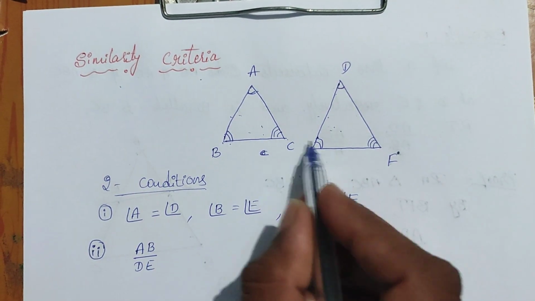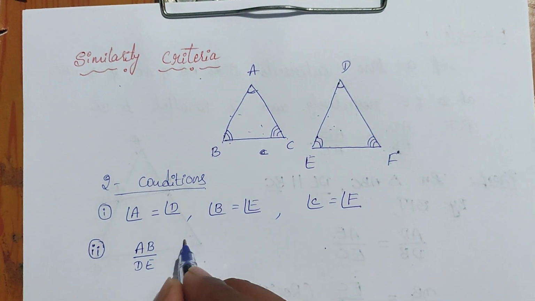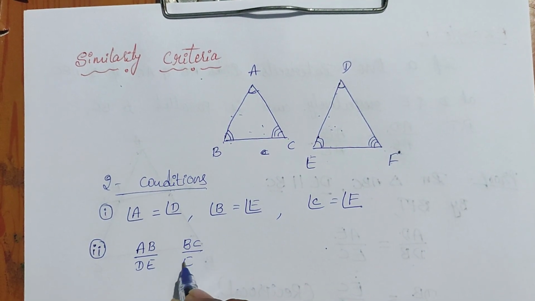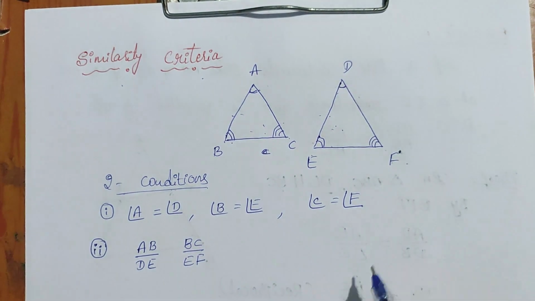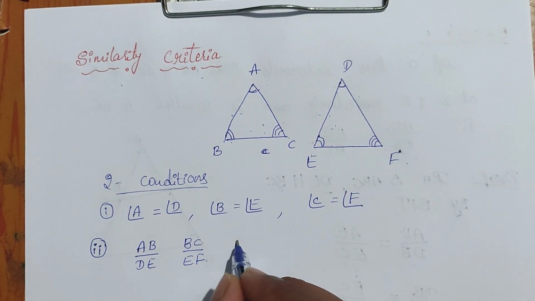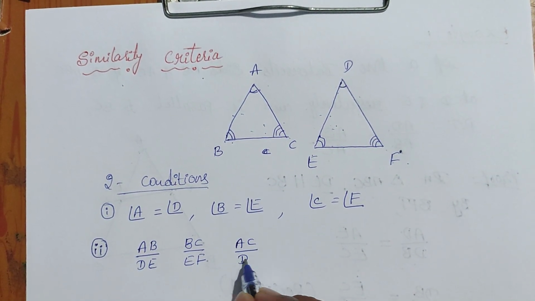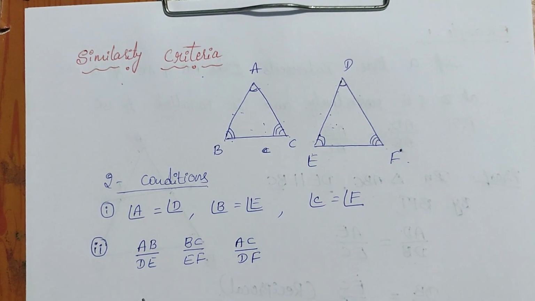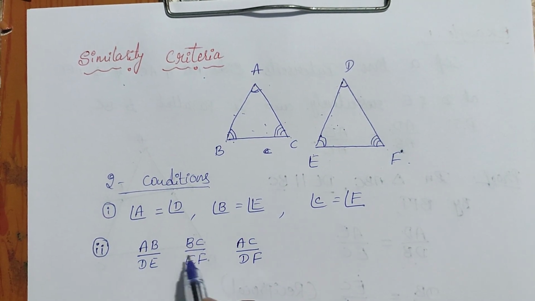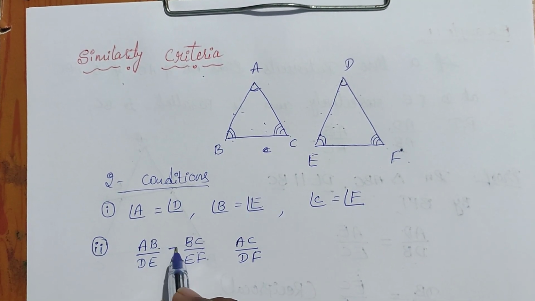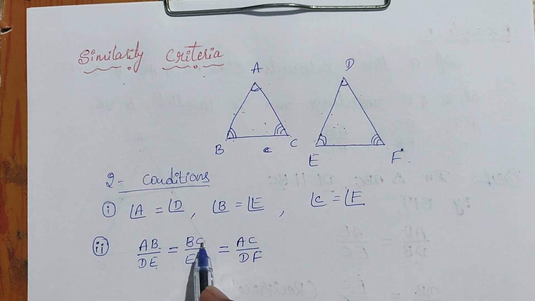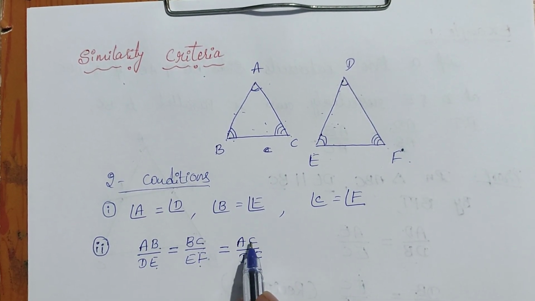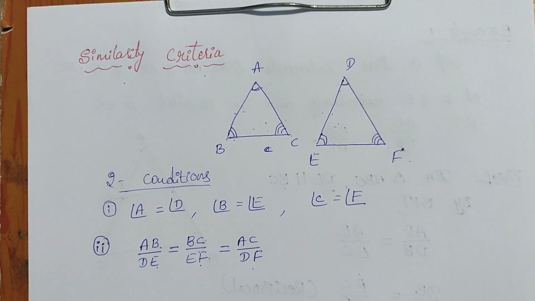For side BC, EF is the corresponding side. And for AC, DF is the corresponding side, that is, AC divided by DF. As I said already, the ratio of corresponding sides must be equal. That is, AB by DE is equal to BC by EF, which is again equal to AC by DF.